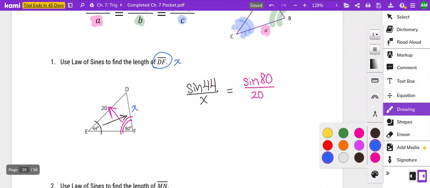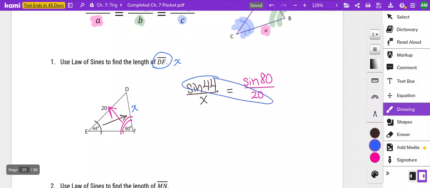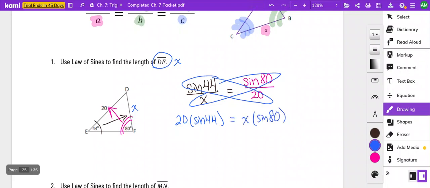Now I'm going to cross multiply. 20 times the sine of 44 is equal to x times the sine of 80. Now to get x by itself, I would divide both sides by the sine of 80 so that these cross out.